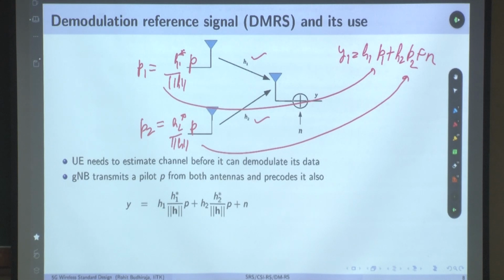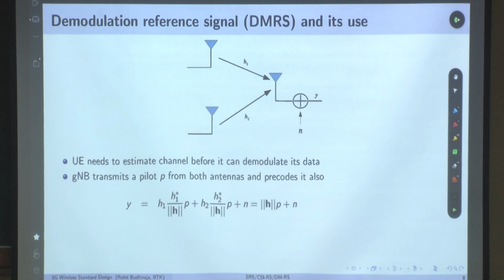Again, what will happen here? What is coming in the numerator? H1 square plus H2 square, times P by norm of H, plus N. And what do you get? Norm of H into P plus N. If you set this P as 1, what is there in Y? You get this combined channel.